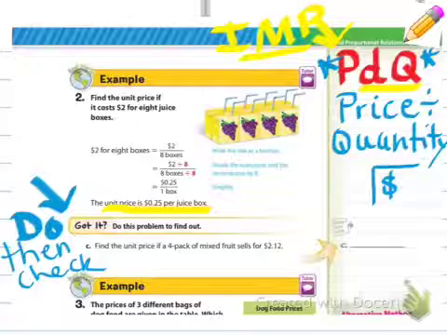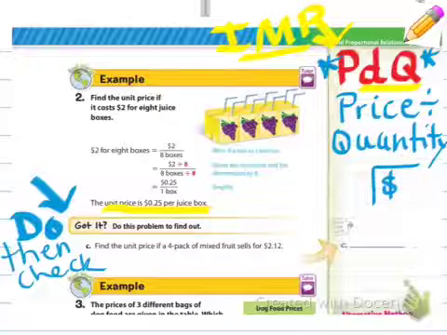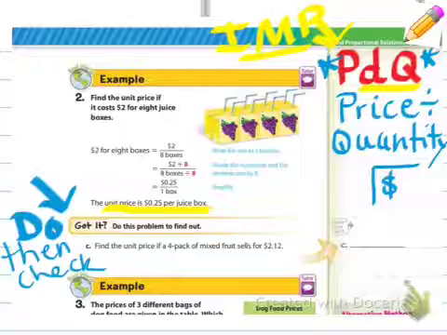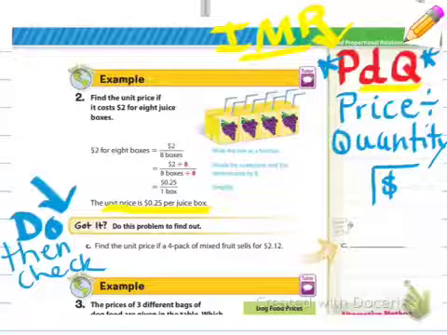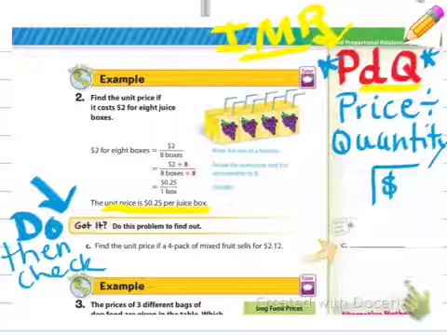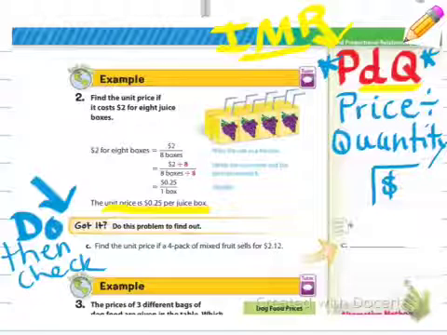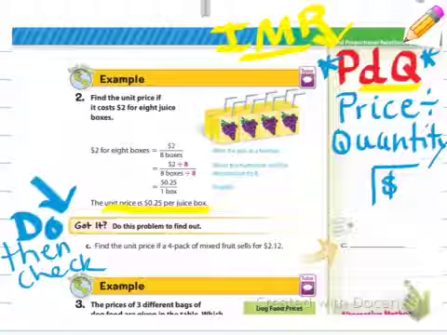And I told you guys to think about this like the PDQ, because you guys could relate to the restaurant PDQ. And it's price divided by quantity, meaning there are 8 juice boxes in the pack. So the quantity is 8, and you are dividing 8 by the $2 that it costs for the 8 juice boxes.